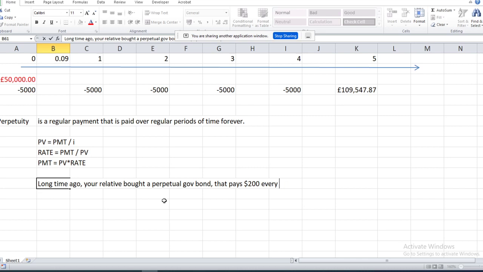Oh, let's say every quarter. And let's say the question is, if the interest rates long time ago were, let's say, 7%, how much do you think your relative paid for the bond?